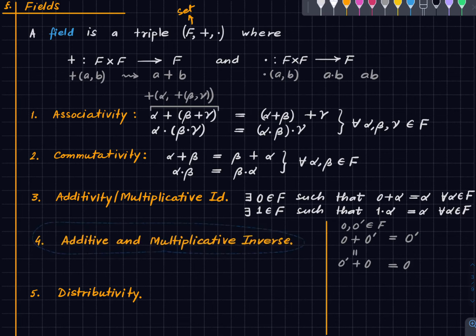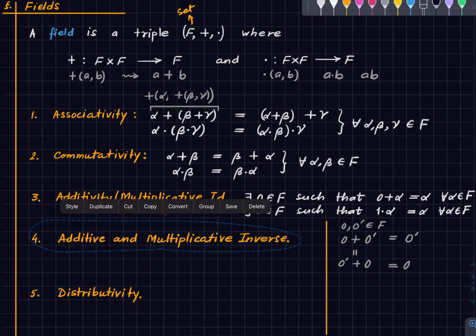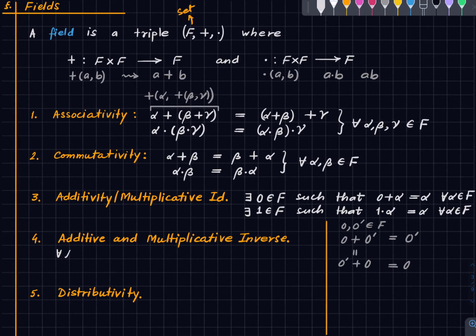Now we can talk about additive and multiplicative inverse. So this axiom insists that for all elements in F, there is some other element, beta, such that alpha plus beta is the additive identity. And this axiom also insists on the multiplicative counterpart.